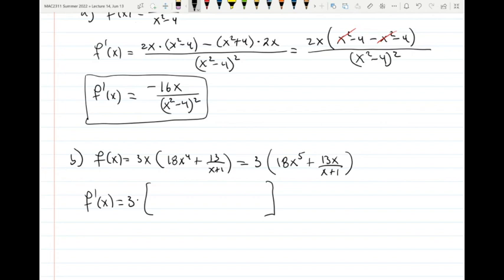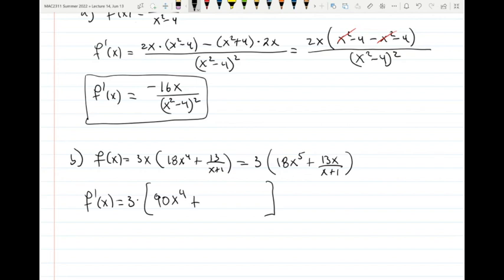So the derivative of sum is the sum of the derivatives. What's the derivative for the first term? What rule do we use? Power rule. So that's 90x to the 4, and plus.